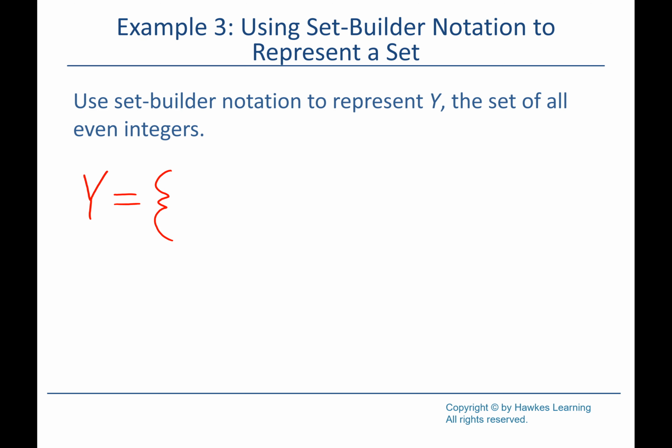And we can say this is the set of all x's, and then our vertical line for such that, and then we say our property. Okay, so it's the set of all even integers. So we've got two things we've got to put in there. It's got to be an integer, and it's got to be even. So in words, we could just say both of those things.